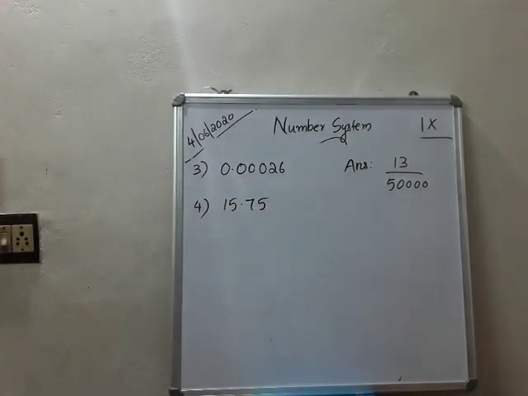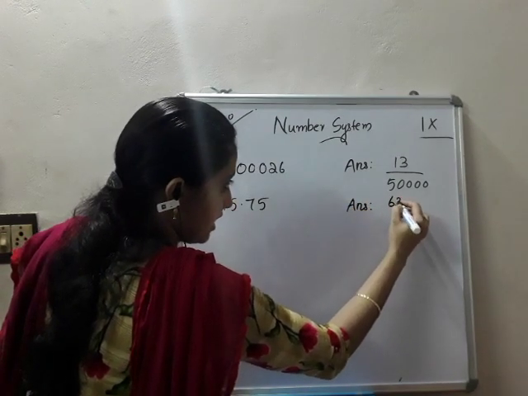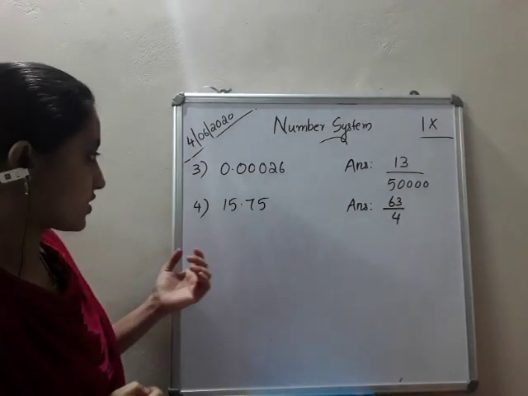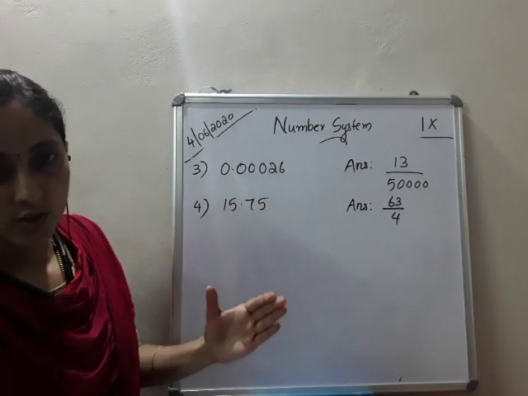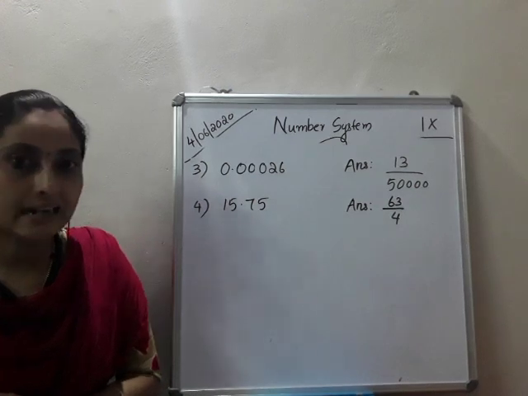Please try to do this. Check, you got the answer as 63 divided by 4. Hope you understood these 4 questions. What you have to do is convert that decimal number into fractional form. We will move to the next section.